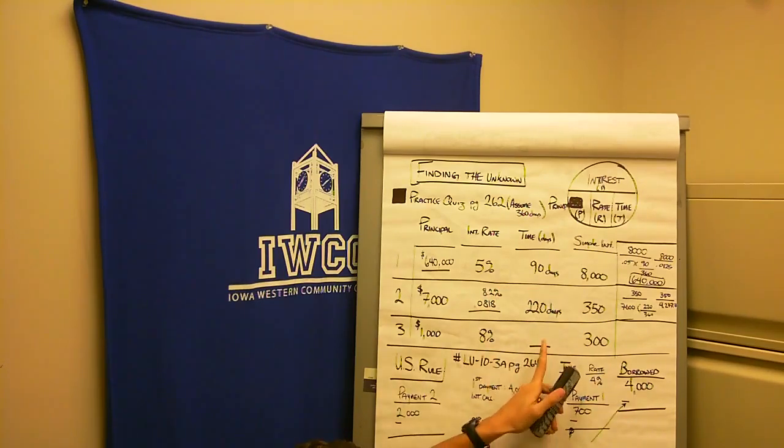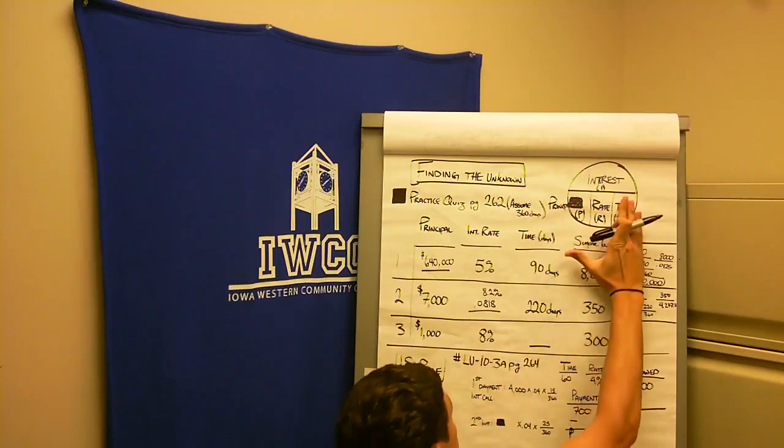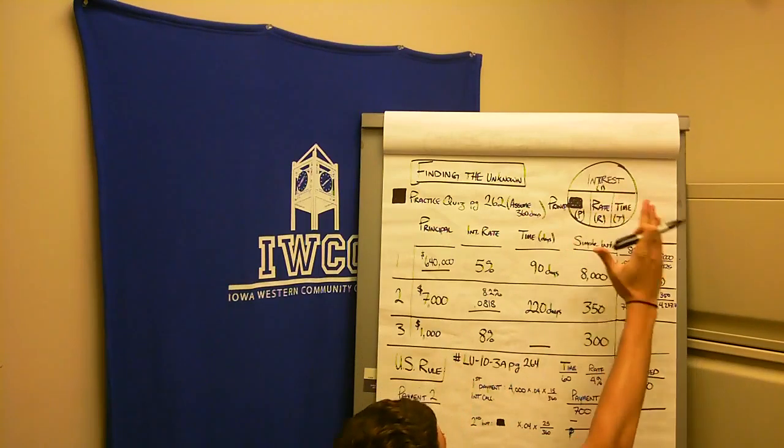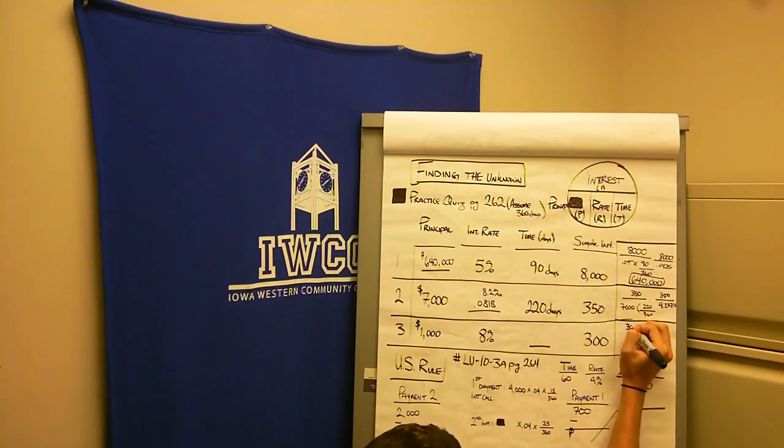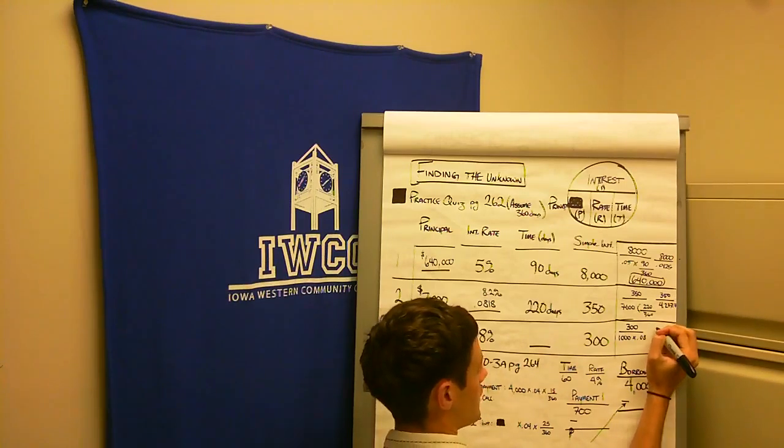The last one we're going to solve for is time. So if we cover up our time, then we have our interest amount of 300 divided by 1,000 times our rate of 8%. So we have 1,000 times 0.08 is 80.